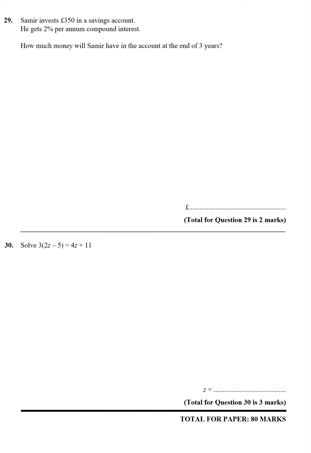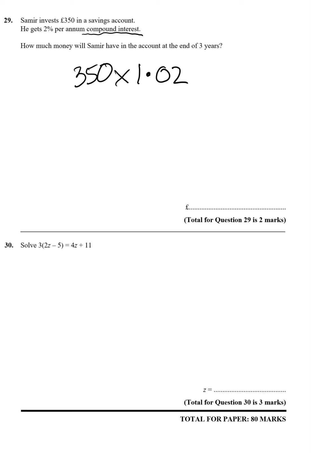Right, so because it's compound interest, what we can do is 350 times 1.02, because I'm increasing it by 2% and I need my original amount, hence the 1.02.